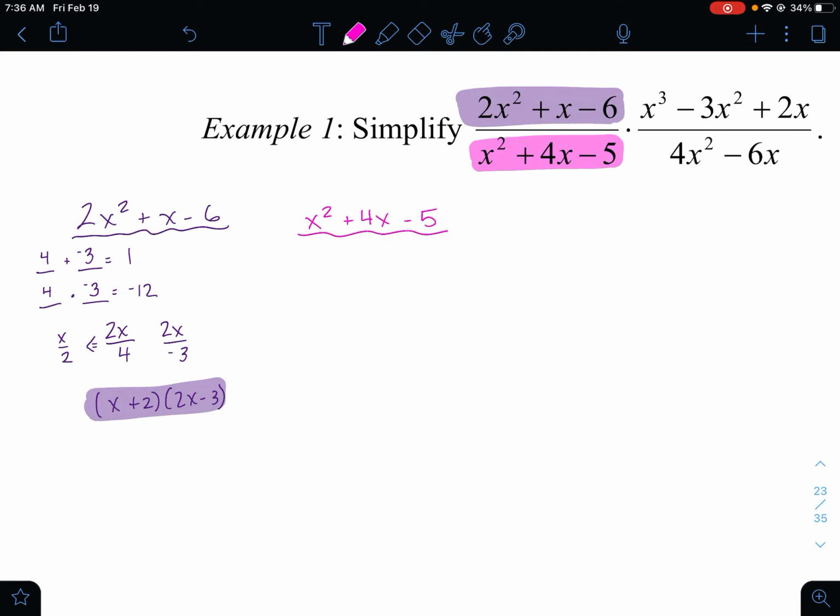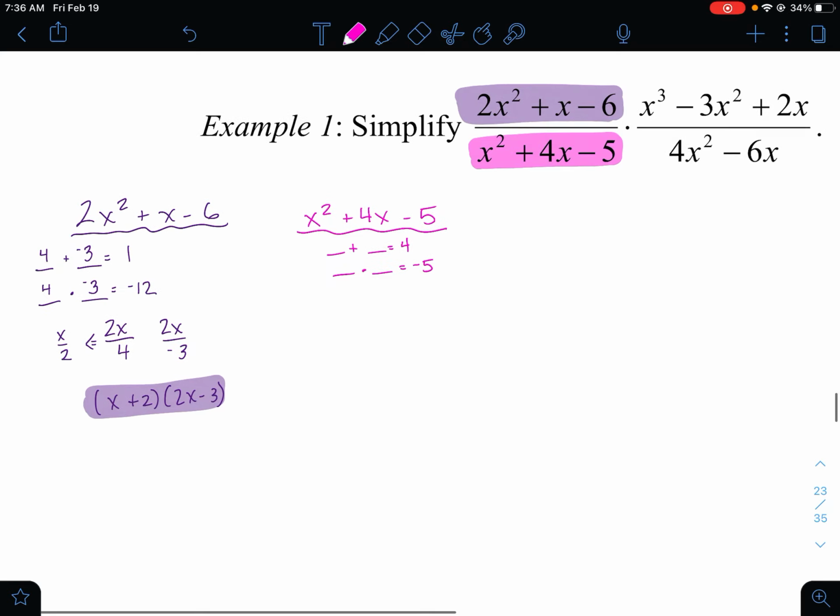Again, we have to factor this, so I need two numbers that add to give me 4, but when I multiply them, I get negative 5. So we have a positive 5 and a negative 1. This one, the leading coefficient is just 1, so we can go straight to x plus 5 times x minus 1. All right, second one's done.